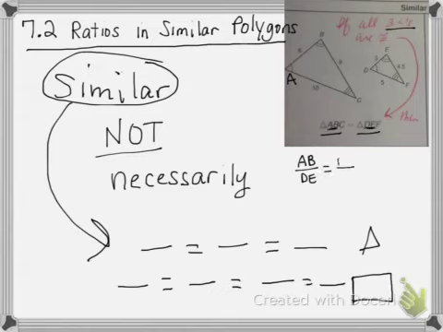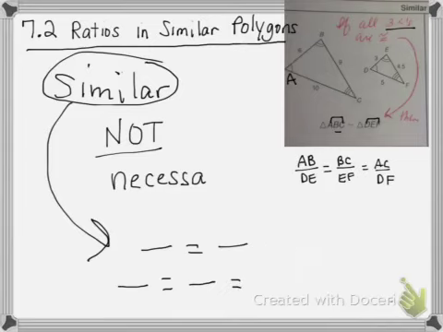The next one is BC, so the second 2 over EF. And the third one is these 2 and these 2. So AC over DF. So now let's replace them with the numbers that we see in the picture.